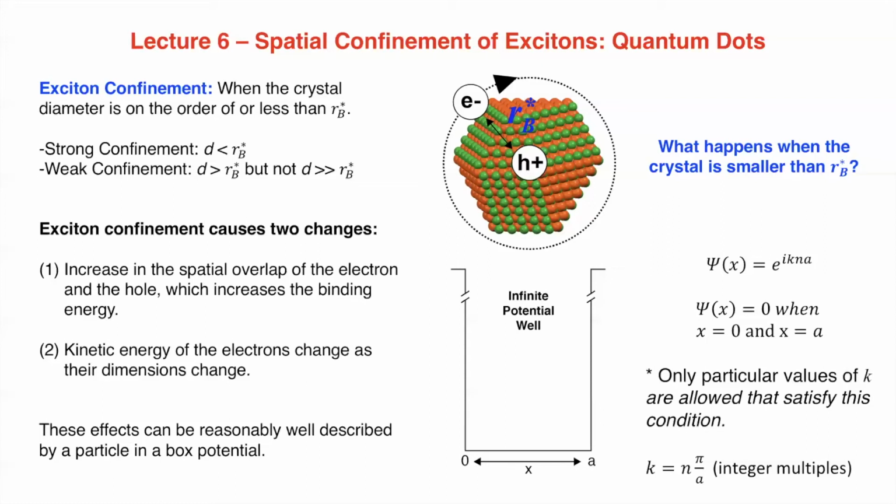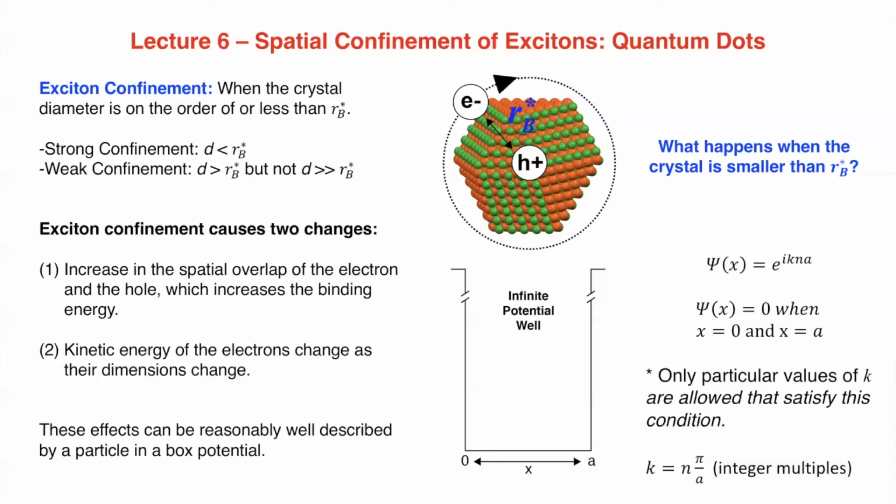Okay? So we'll talk about how that plays out in just a moment, but bear in mind that there are different regimes of this kind of confinement. There's very strong confinement, where the diameter of the crystal is much smaller than the Bohr exciton radius.